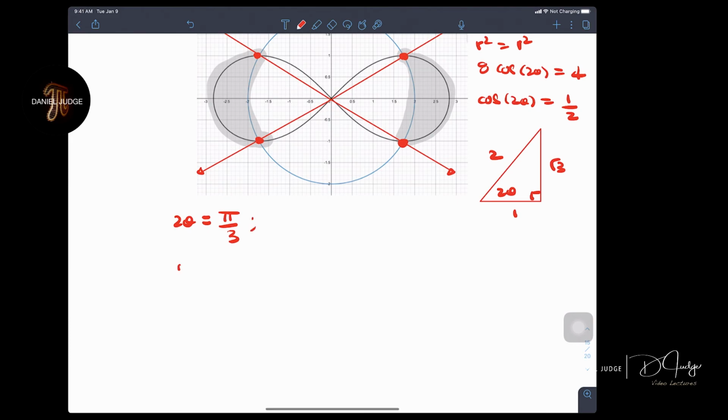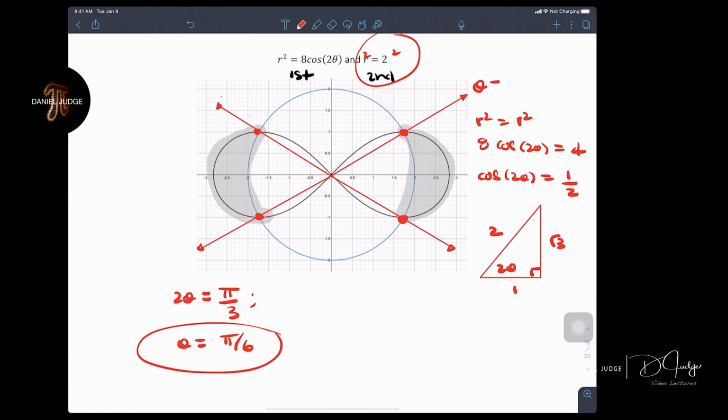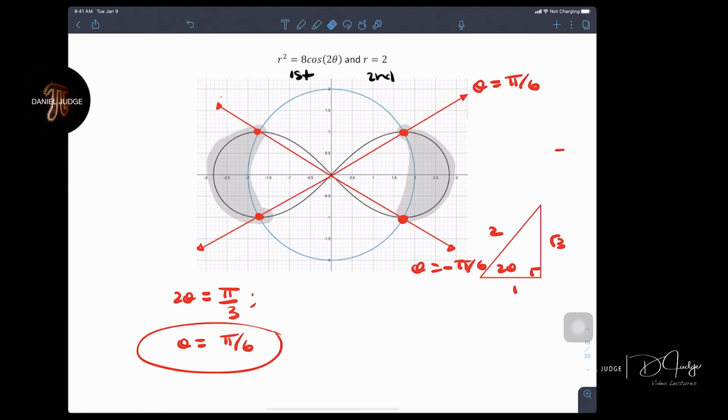So that'll mean theta is pi over 6. So this angle here, theta, is pi over 6. Now say here's theta is minus pi over 6. Okay, we're going to use that. Let me get rid of some of this so that it's not distracting us. We solve this trig equation.